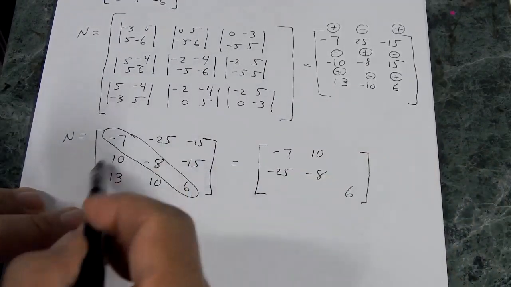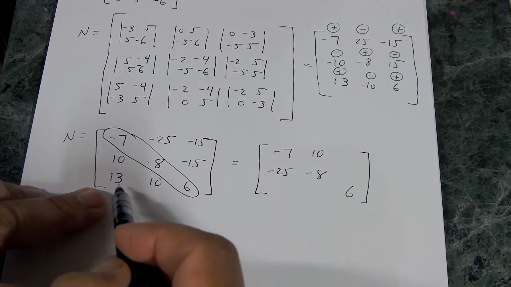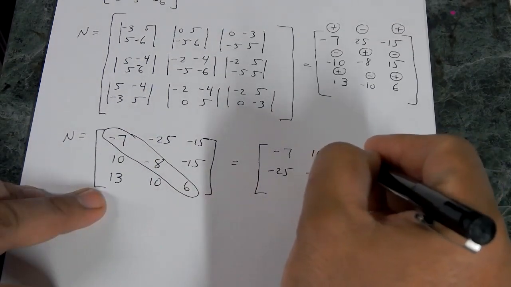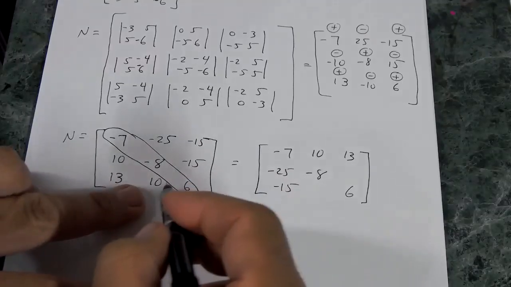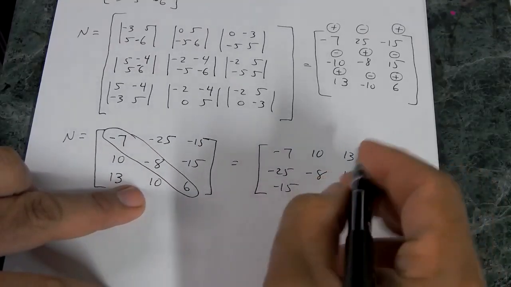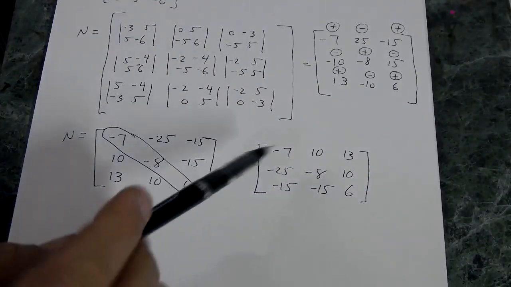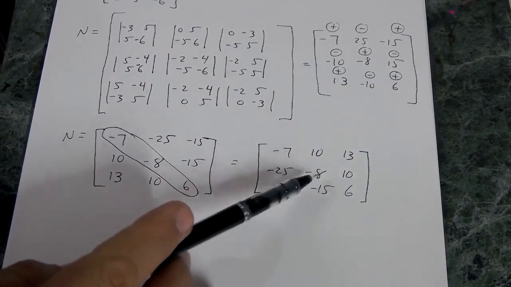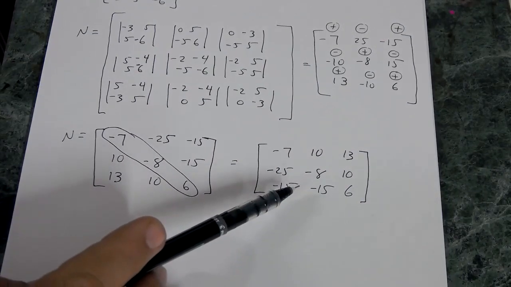Do you see how that swap went? This swap right here, that becomes a 13 and a negative 15. And finally, this swap, this is a 10 and negative 15. Okay, so we should end up with a negative 7, 10, 13, negative 25, negative 8, 10, negative 15. This is after the swap.